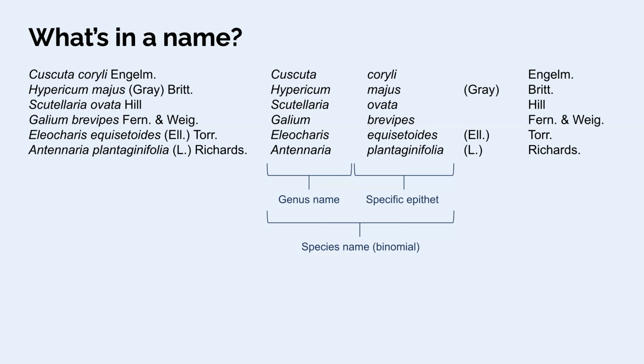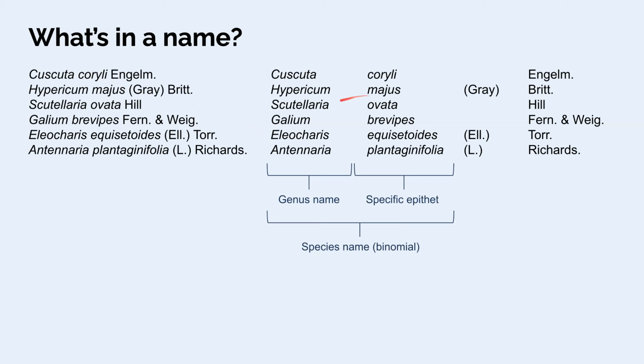So those two names together are in fact the species name in the most specific sense. But species names are made up of the genus name and what's known as the specific epithet. And in plants in particular, there's lots of different plant names, and the specific epithet is often not very informative. So it's hardly unique. They often describe something rather simple about how this species is different from similar species in the same genus.